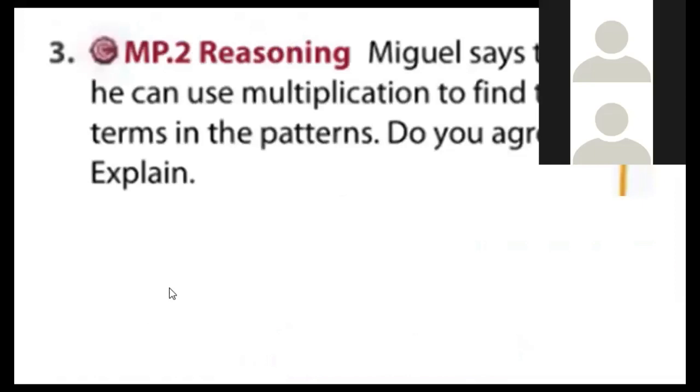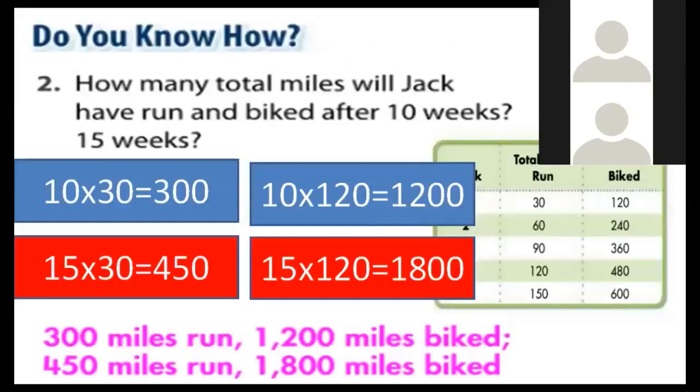Number 3, on the same page in guided practice. Miguel says that he can use multiplication to find terms in a pattern. Do you agree? Sure, I agree with him. If you focus on this table, how can I get the amount after 10 weeks or after 15 weeks? Sure, I can use multiplication. Let's see the question again.